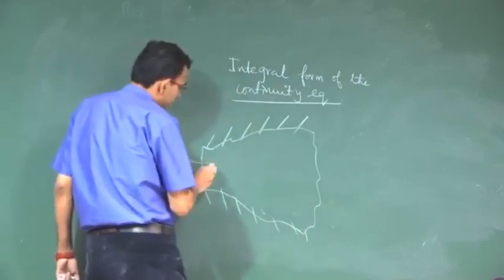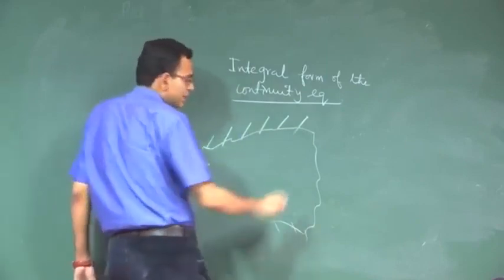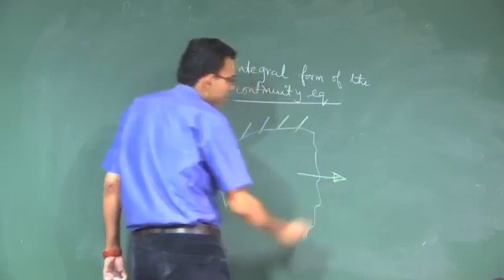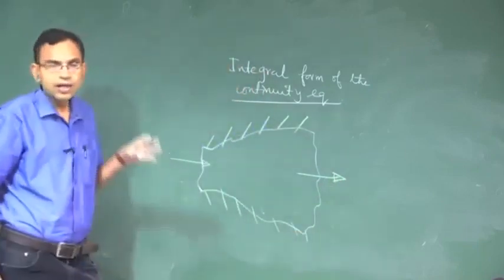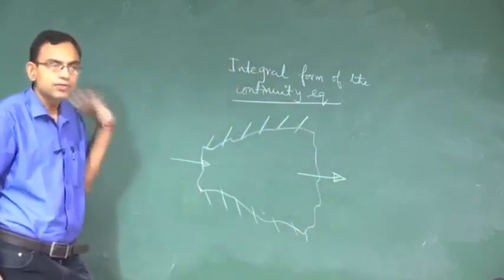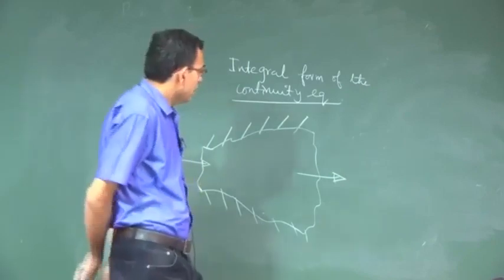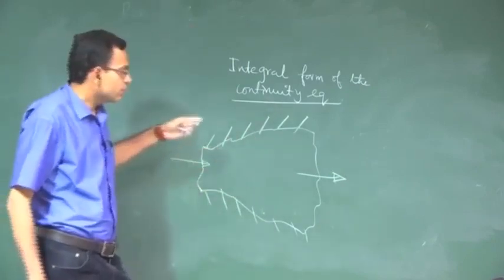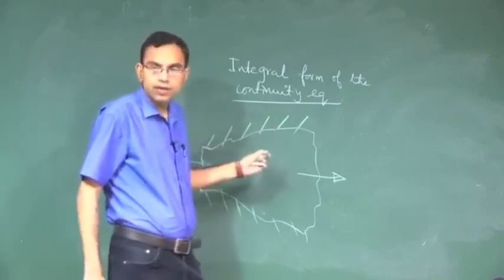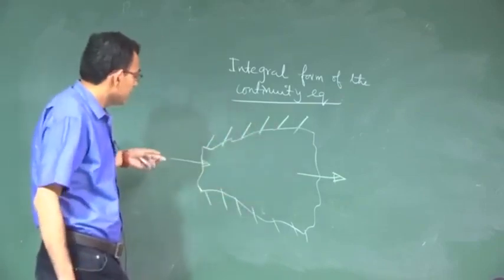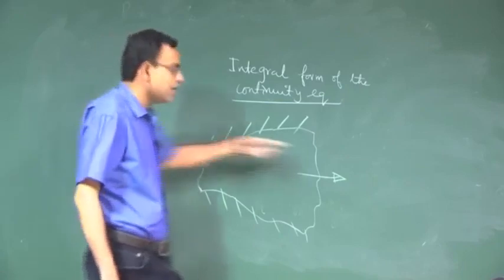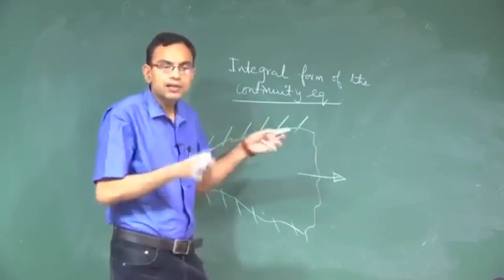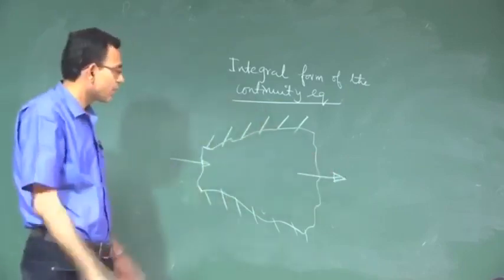Fluid enters along x here and fluid leaves along x here, so it is a unidirectional flow, that much we can say. Inside the flow may be 2 dimensional, 3 dimensional, whatever, but from the inlet and the outlet perspective they are unidirectional flows.